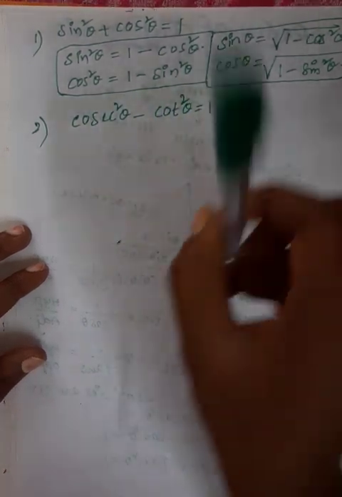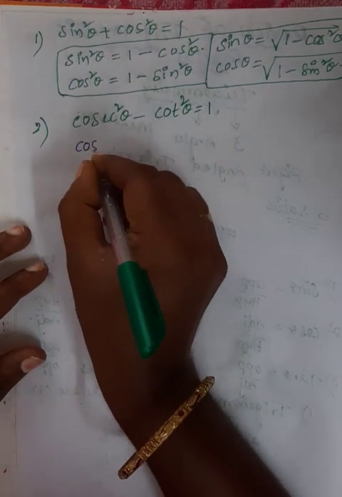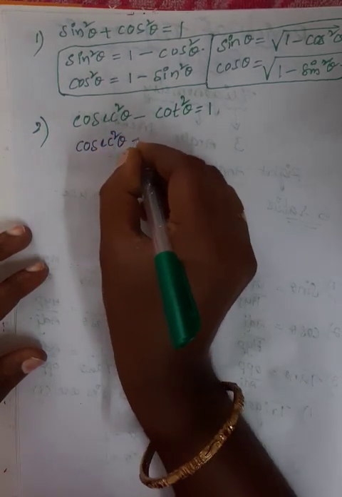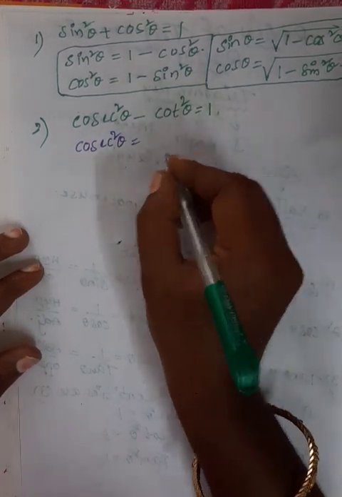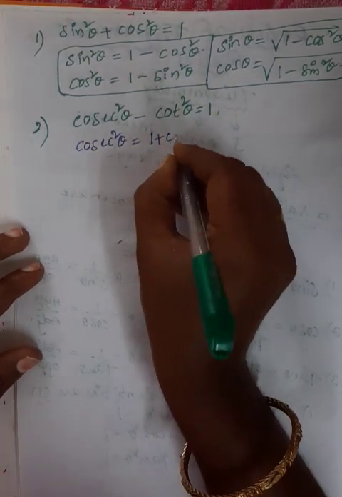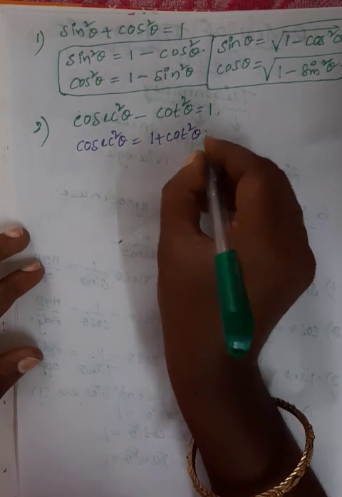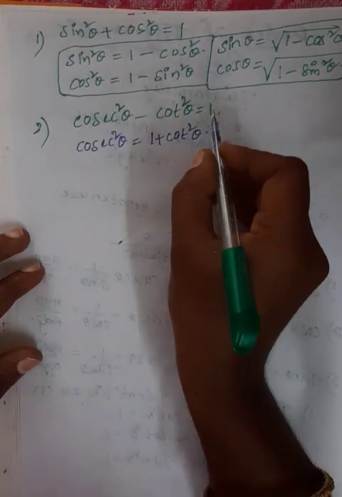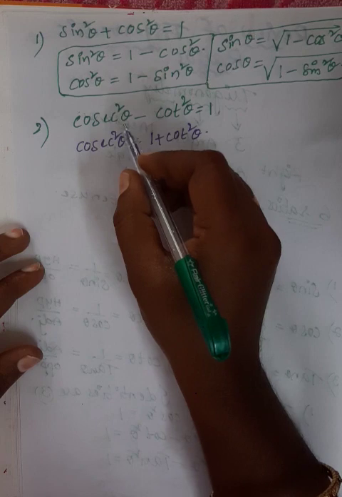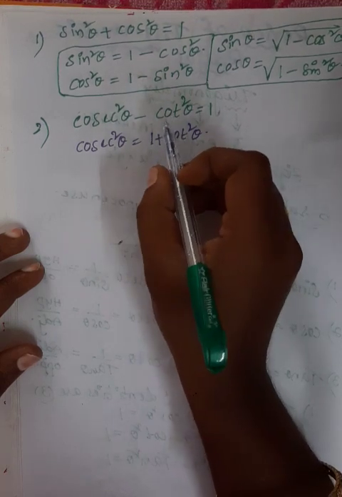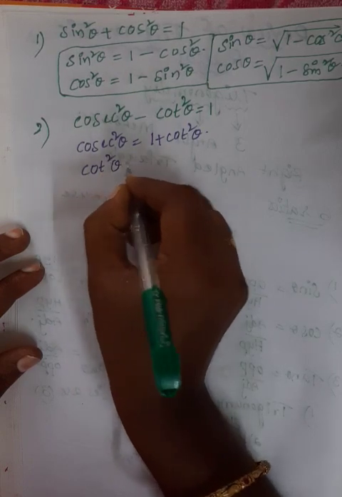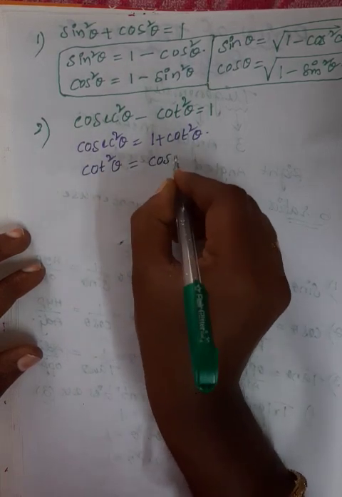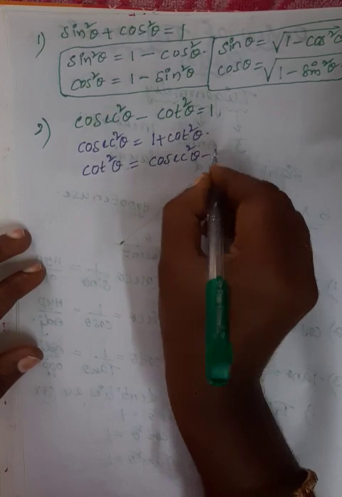From this I can write cosec square theta is equal to 1 plus cot square theta, sending cot square theta to the RHS side. And similarly, sending the 1 from the right hand side to the left hand side and cot square theta to the right hand side, it becomes cot square theta is equal to cosec square theta minus 1.